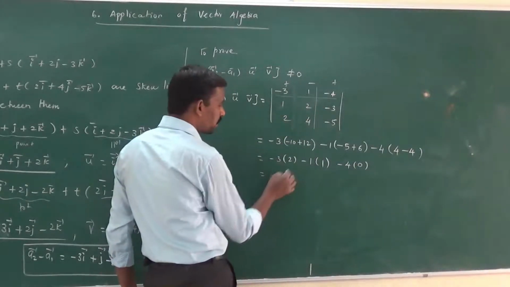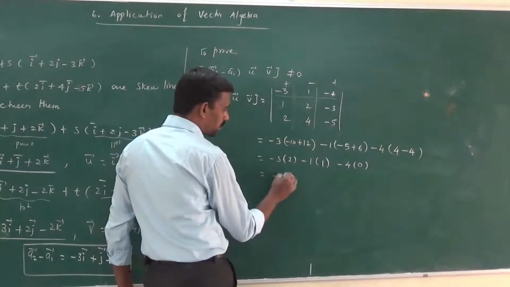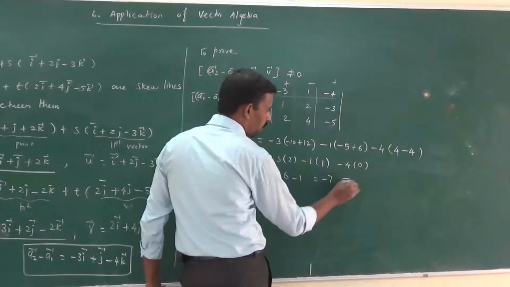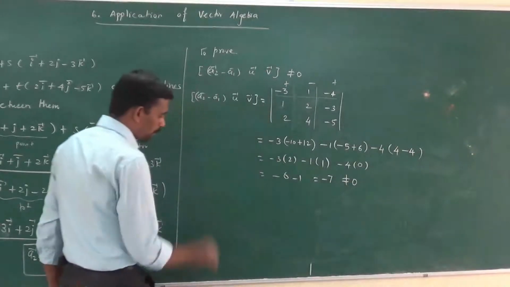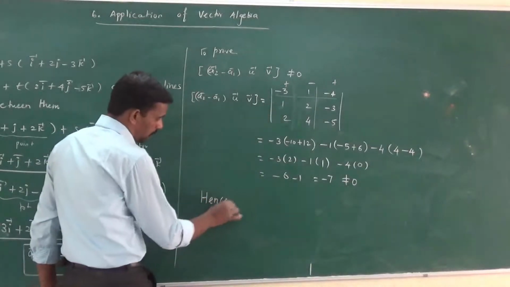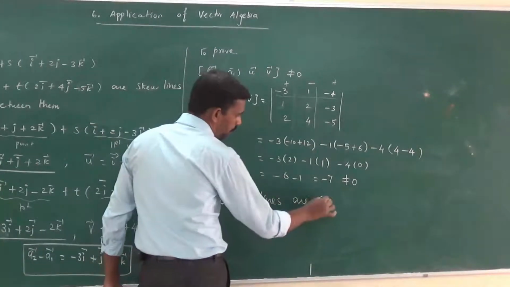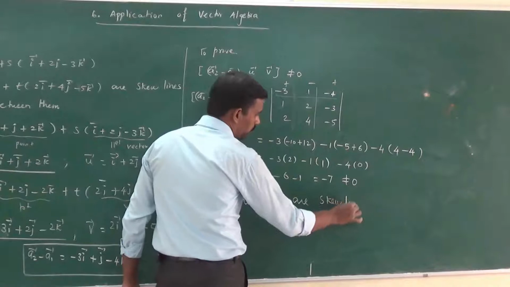This gives minus 3 into 2 minus 6 minus 1 into 1 minus 1 into 0, which is equal to minus 7. This is not equal to 0. Hence the lines are skew lines. So the first question is over.